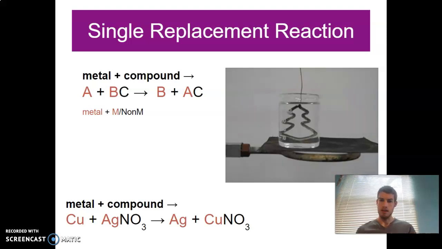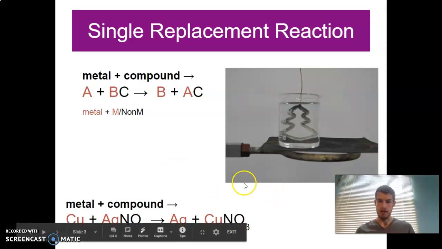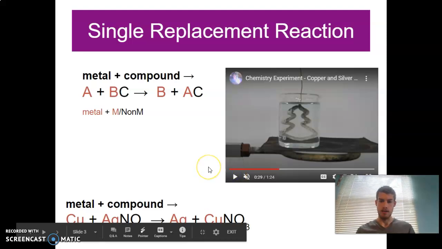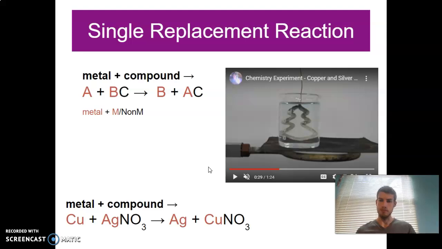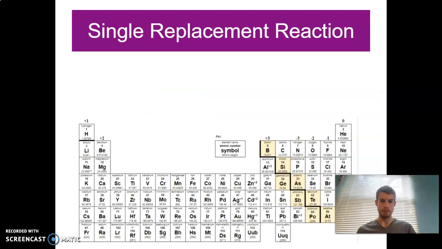And the copper is replacing the silver in that compound. So you're left with the silver by itself, and then the copper nitrate as the compound. So that's just a quick example of this happening in real life, copper and silver nitrate reacting to have that copper replace the silver, leaving you with silver and copper nitrate. So again, it just replaces that single element.